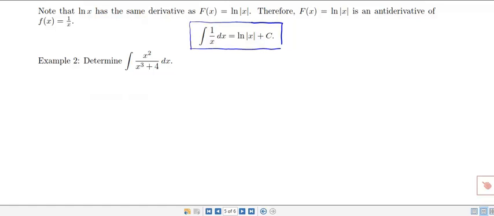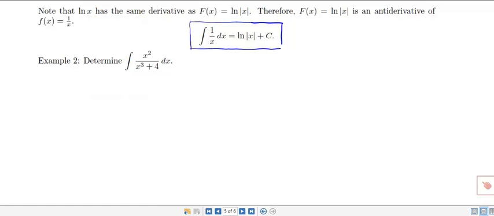So let's take a look at the integral in example number 2. It might not be obvious that we will need to use the integral of 1 over u. But if you observe the functions x squared and x cubed, x squared is 1 degree less than x cubed.